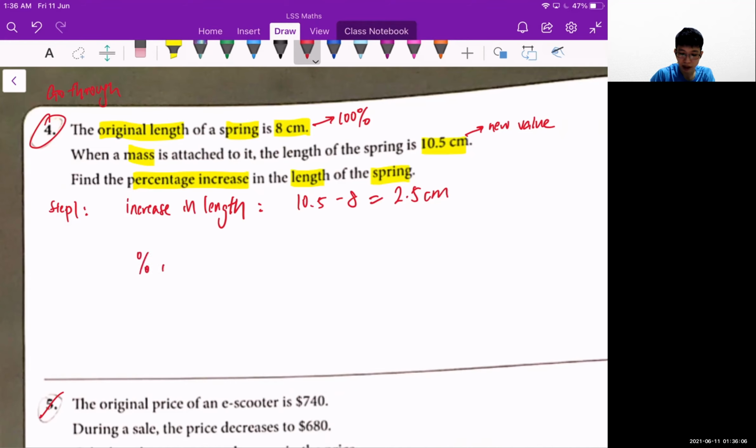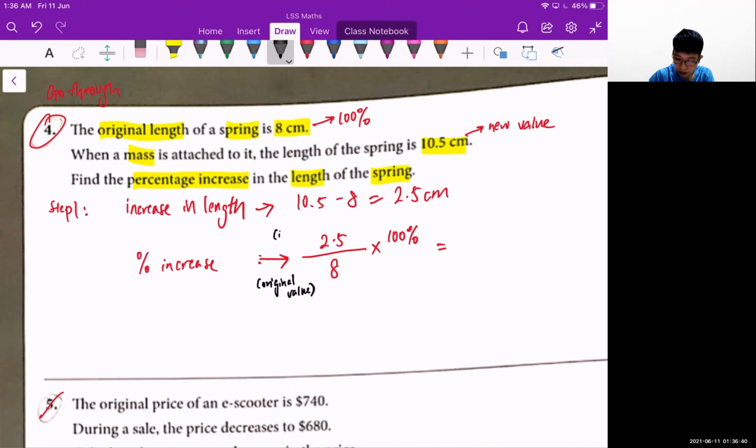So percentage increase, using the formula we have introduced at the start, will be 2.5 over the original value, which is 10.5. No, the original value is 8 cm, not 10.5. Over 8 times 100%. Okay, so let me use the black color to tell you what each number means. This is the original value.